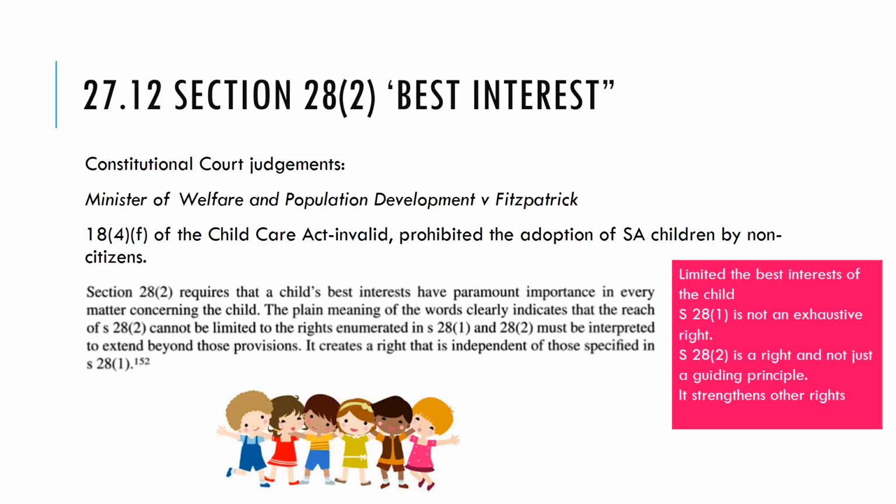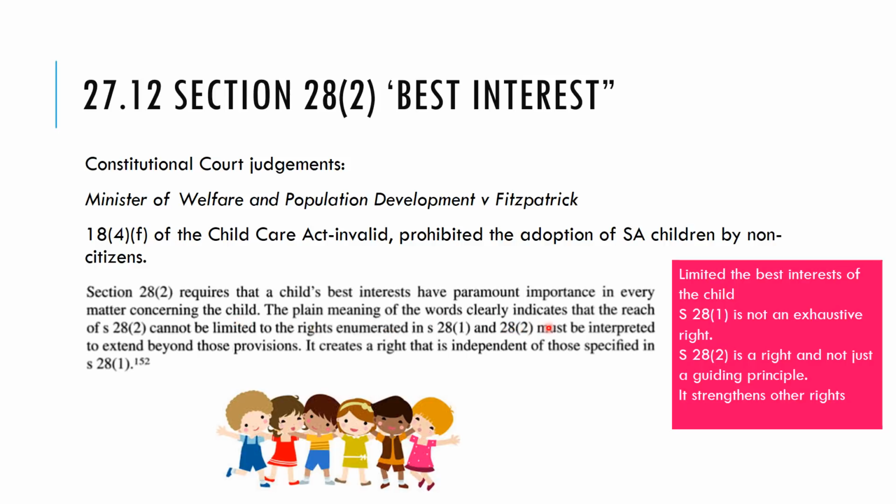The Child Care Act declared that it was invalid for a non-citizen to adopt a South African child. But this was then, based on Section 28.2, made invalid because it is in the best interest of the child if they can have a good home, even if it is with someone who is a non-citizen. If they can have a good home, it is still in their best interest.